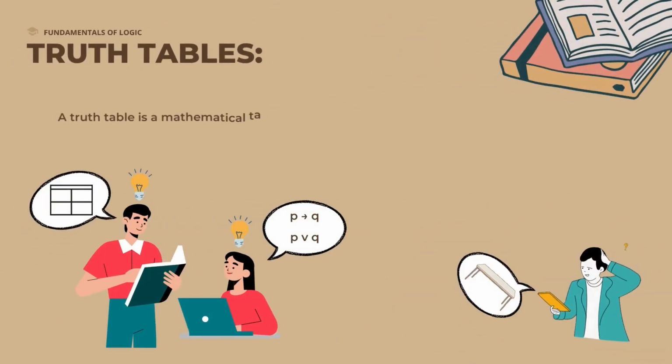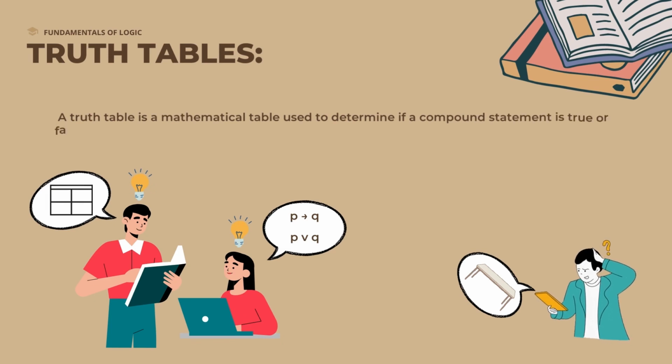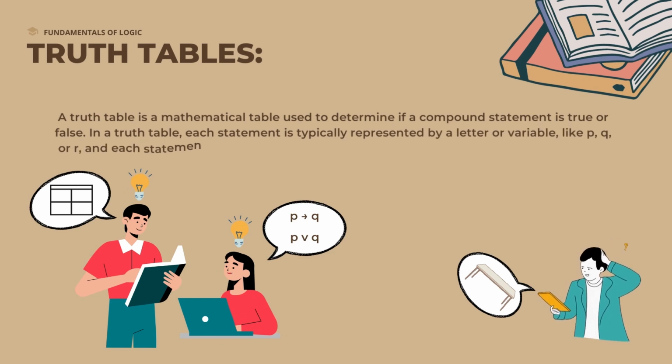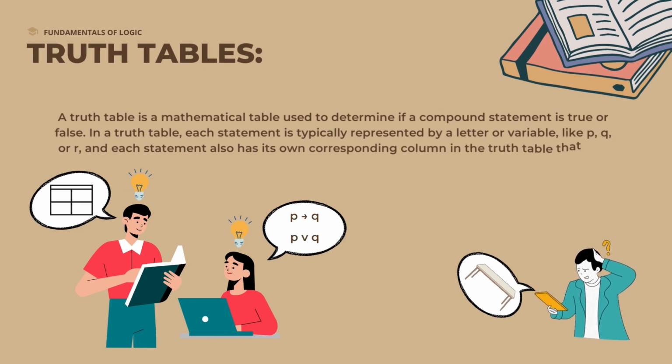Next fundamentals of logic is truth table. A truth table is a chart of rows and columns in arithmetic logic that shows the truth value, either T for true and F for false, of every conceivable combination of the provided inputs.